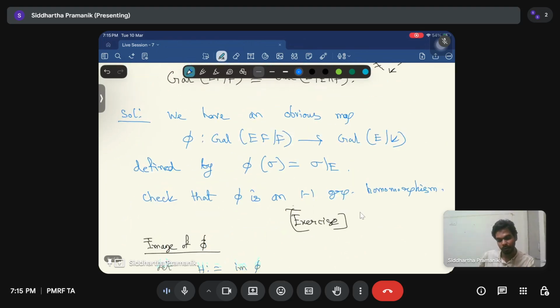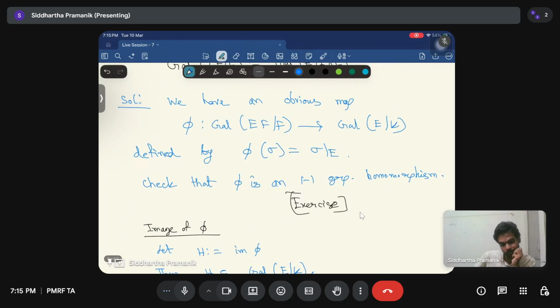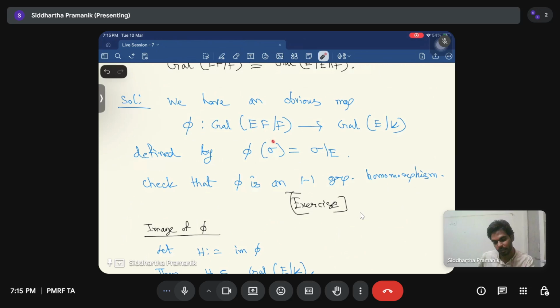Now, what are the things that are fixed by this sigma?